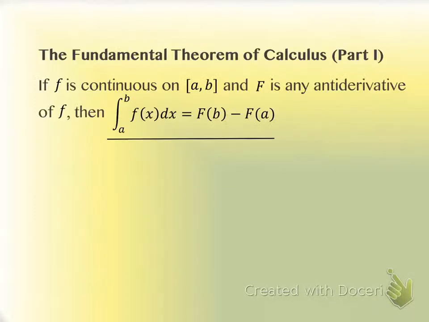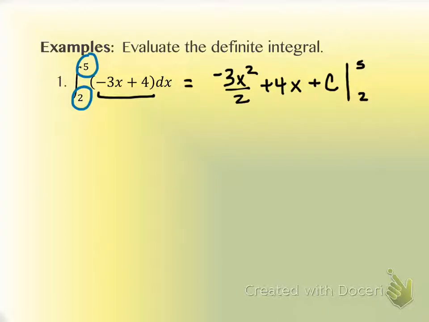And then what do we do? Well, this slide says I need to plug the value into the antiderivative. So over here, we take the first one, negative 3, and plug in 5. So 5 squared over 2 plus 4 times 5 plus c.